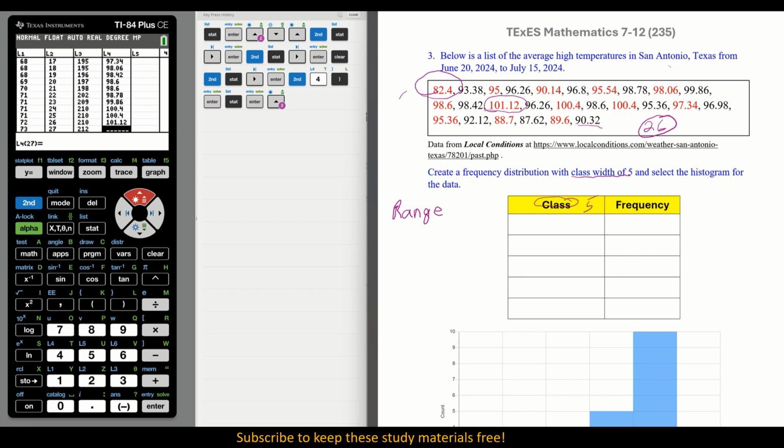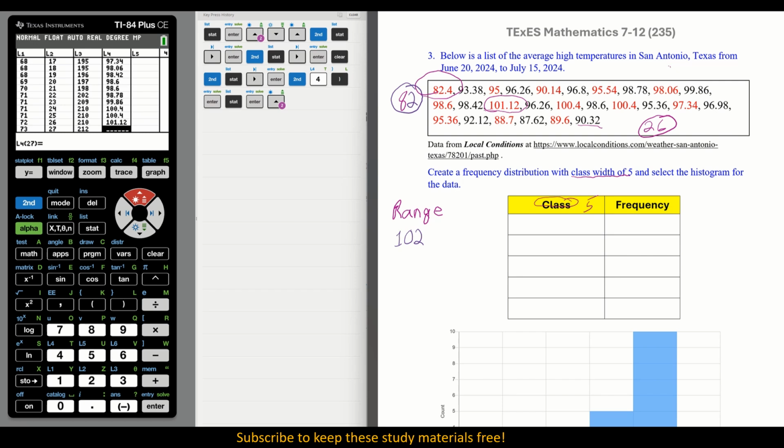So we need to change this to 82 to be the lowest, and then we need 102 to actually be the greatest value. That way we're catching the low and the high.